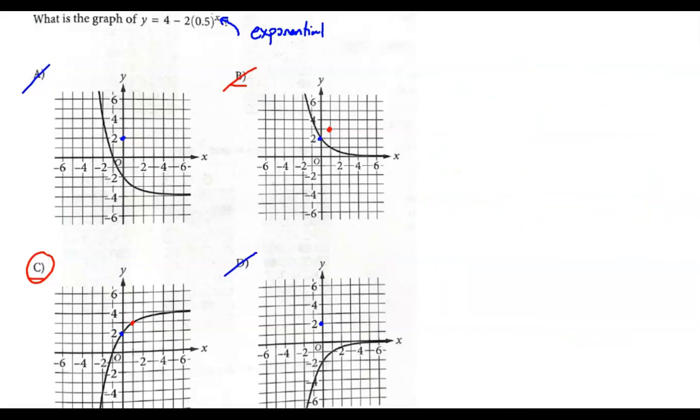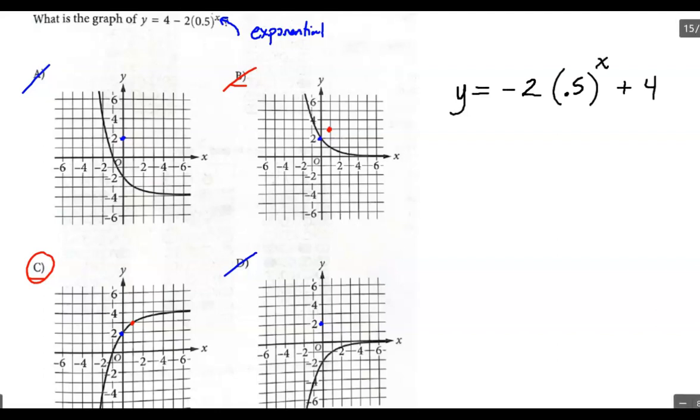I will break this down a little bit. With exponential functions, I'm going to rearrange this a little: y equals negative 2 times 0.5 to the x power, and I'm going to put that constant 4 at the back. I'm going to show you why. Here's what all these numbers do.